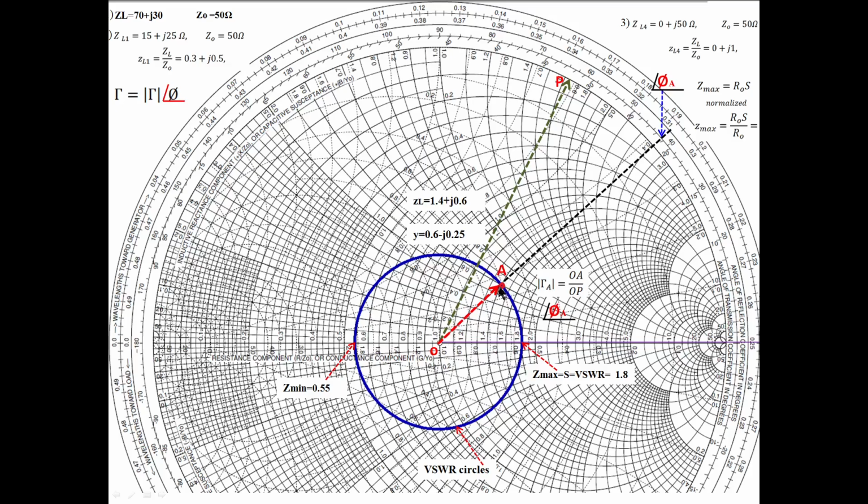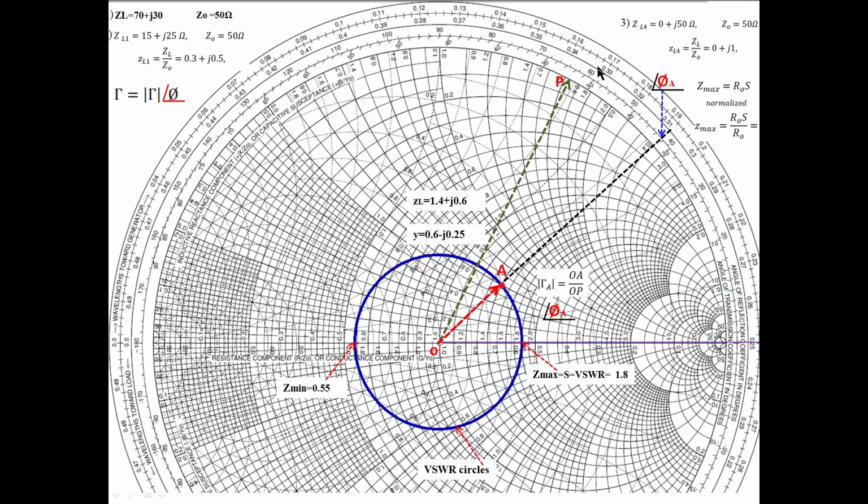From the center of the Smith chart you extend the line like this. It cuts a scale where numbers are written, 30, 40, 50, 60, 70, like this. This is the reflection coefficient angle.